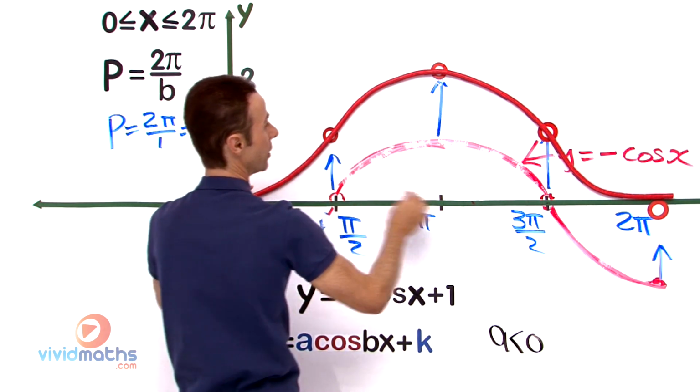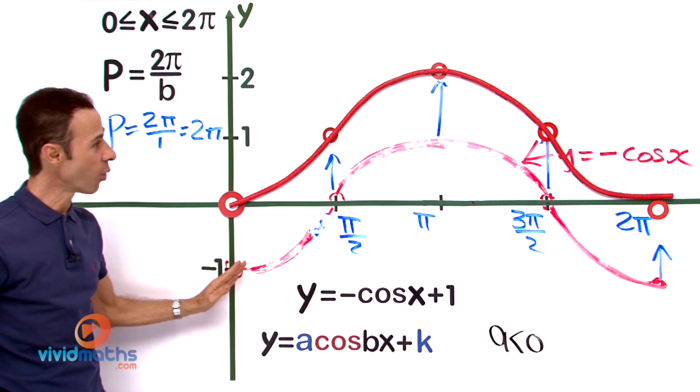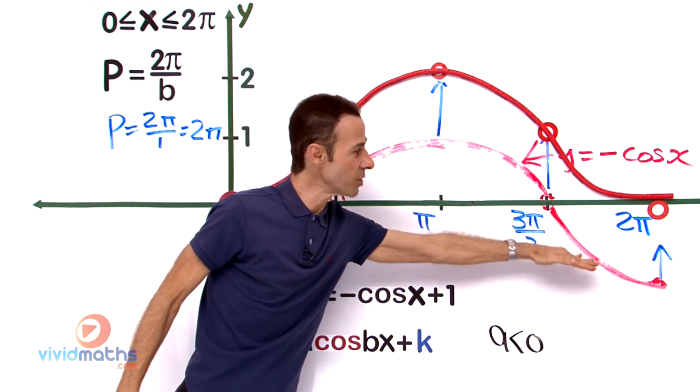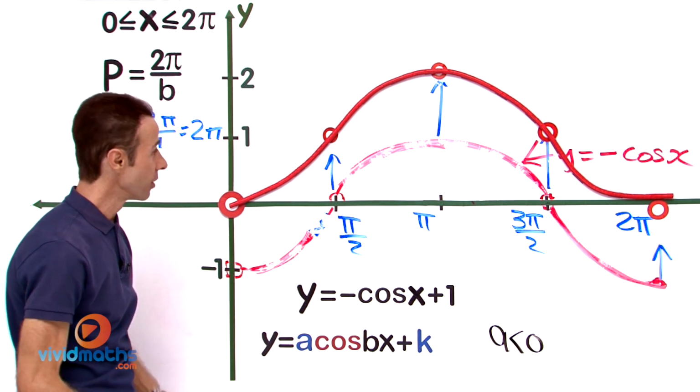There we go, there's our new curve. It's a little bit rough. As you can see, previously we have y equals negative cosine x, and up here at the top, we have the final product.